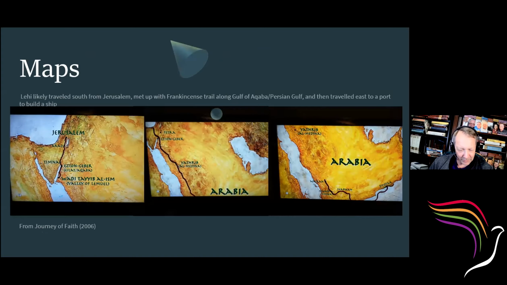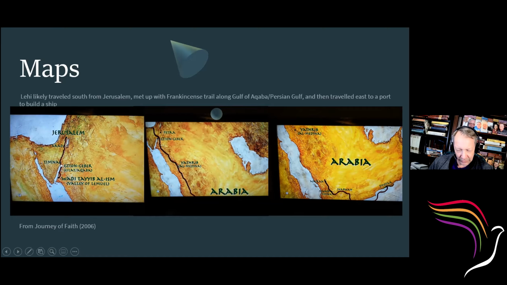I might go out of order here. I wanted to show a little bit on the map. On that left map, you can see that they left Jerusalem, headed mostly south down to the Wadi. Where that word Timna is, they cross the river, and they're on the western side of the Red Sea.